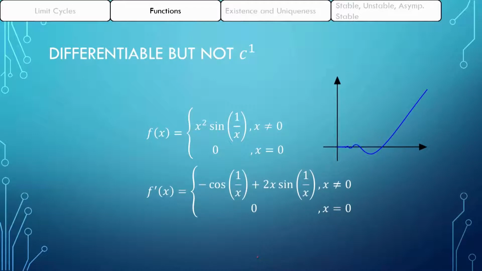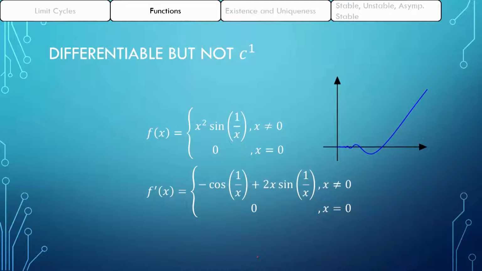Why? The derivative of this function is not continuous at 0. Okay. So check here. This function, when x is 0, is 0, right? At the origin, right? But when x is not 0, it's very close to 0, right?